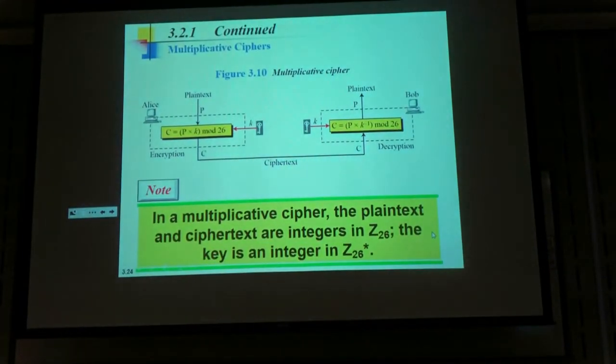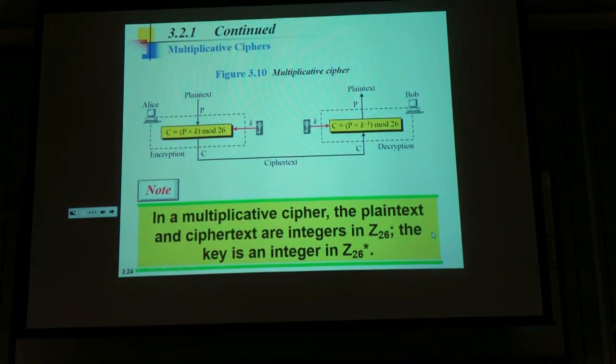All right. Also you could use a multiplicative cipher instead of additive. Here you multiply by a key k, and to reverse it you multiply with the multiplicative inverse. Remember in the last class we learned about multiplicative inverses.